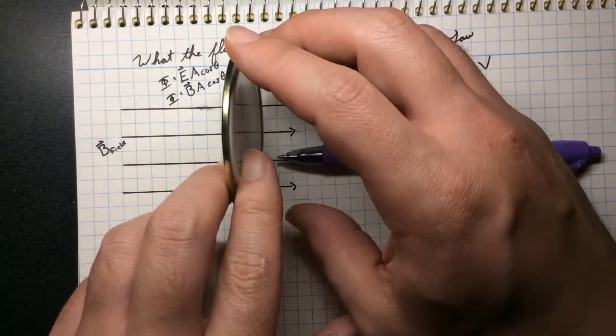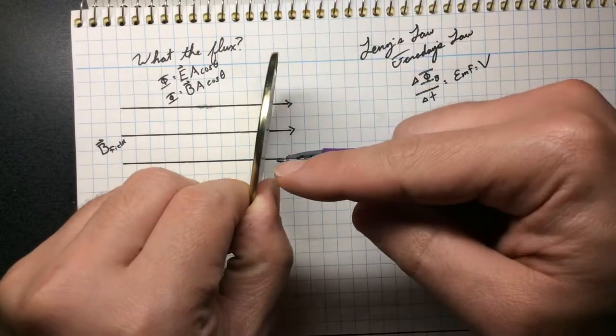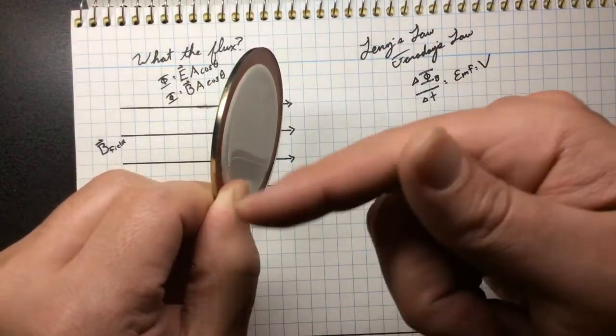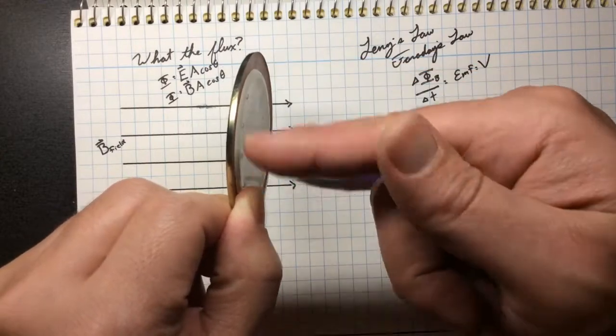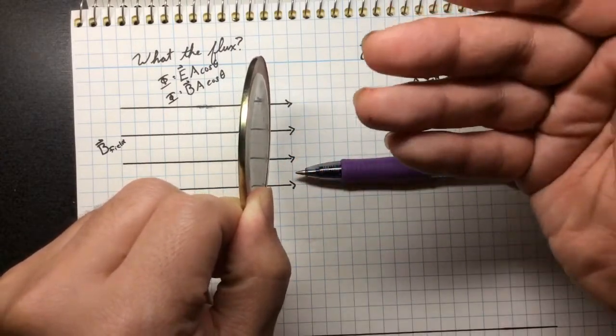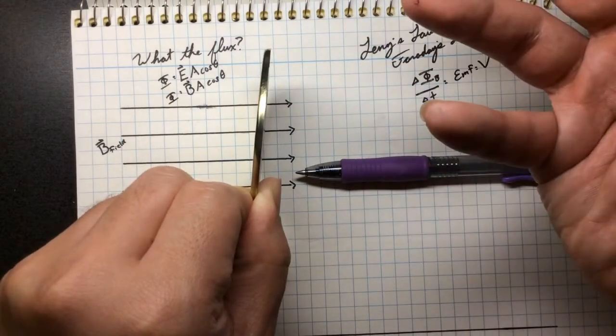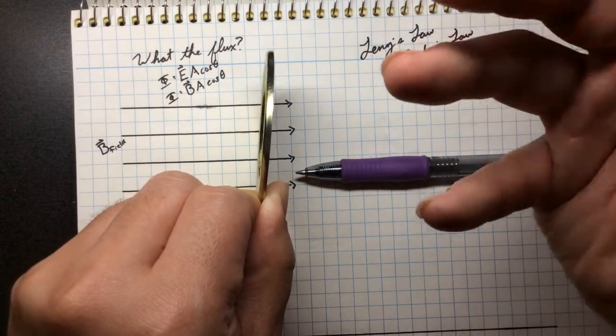So the way that we would do that is we would either create a current that is flowing this way, either clockwise or counterclockwise, to counter the introduction of the magnetic field flux that just happened. Okay, it takes a little bit to think about.